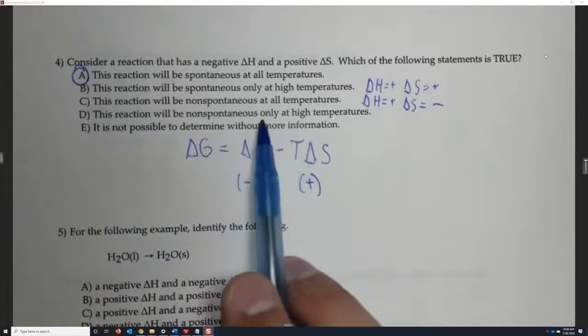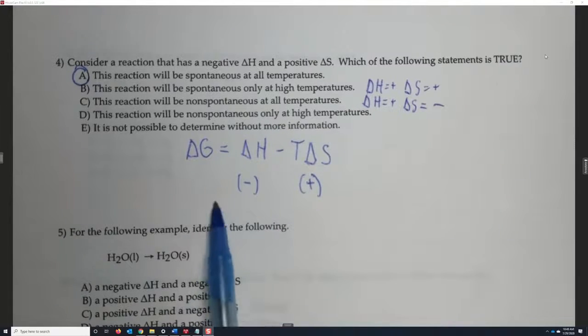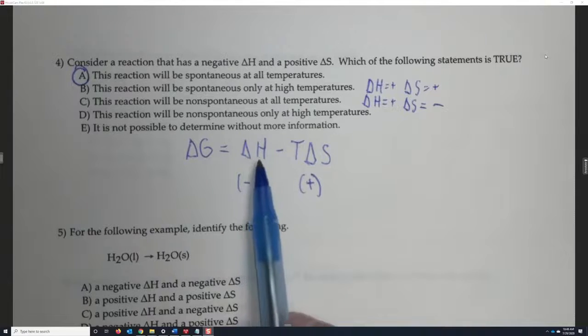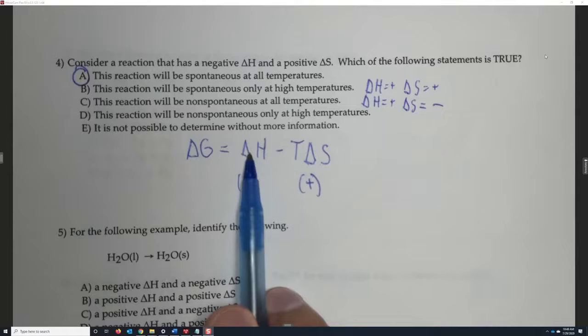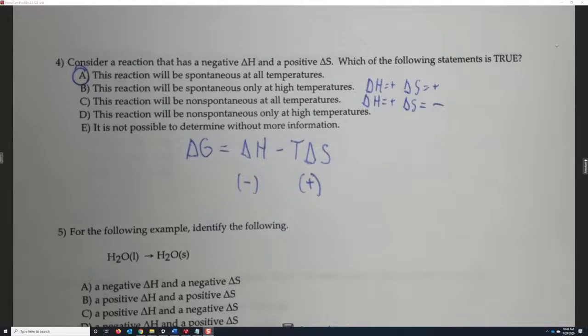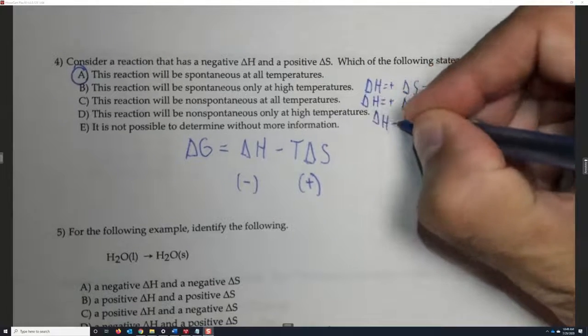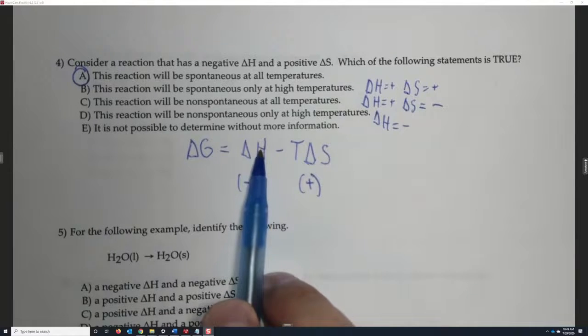The reaction will be non-spontaneous only at high temperatures. So in this case, it's going to be the opposite of the earlier case. If we have a value here of delta H which is negative, that's going to favor delta G being negative and spontaneity.